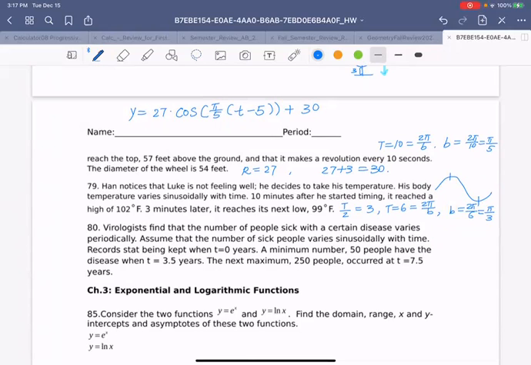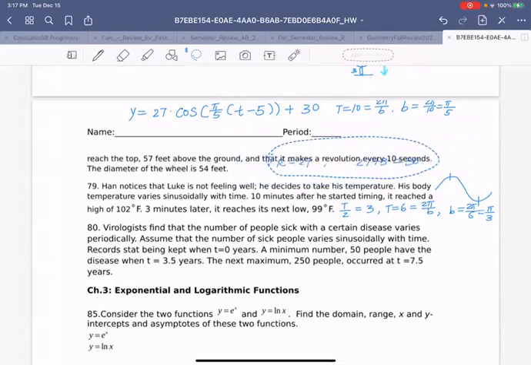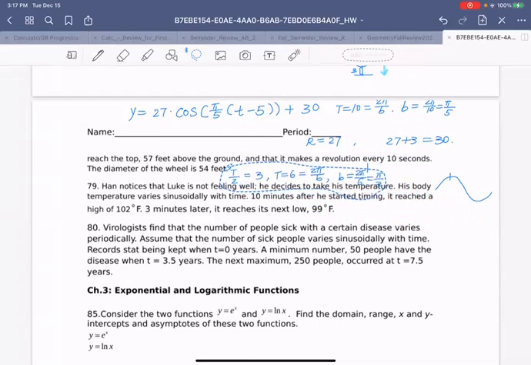And then the y should equal cosine pi over 3 times x minus 10. That's the time reached to the peak.